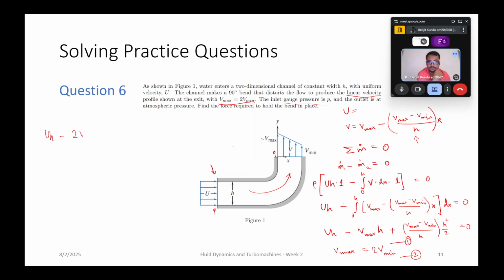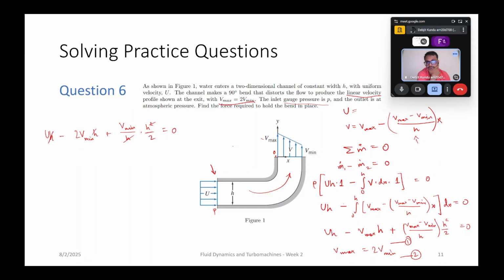Sorry. 2 Vmin into H plus, okay, Vmax minus Vmin should give me another Vmin divided by H multiplied by H squared by 2 equals 0. So one H would cancel out here, and I can cancel out another H all throughout.